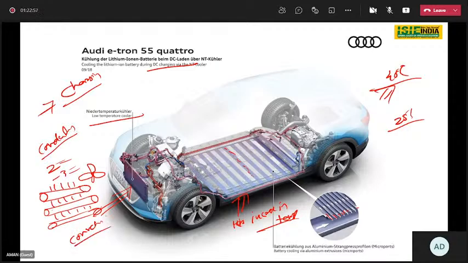That's why it provides high efficiency, a high cooling rate, we can also call it. Yeah, this is a system that RD is using. This is also called indirect cooling.